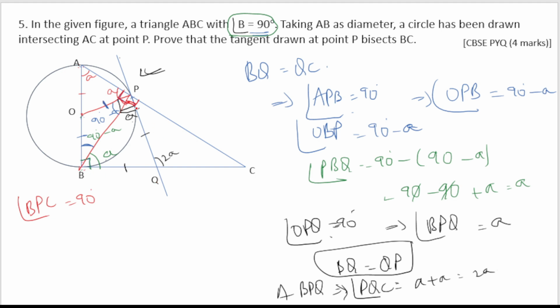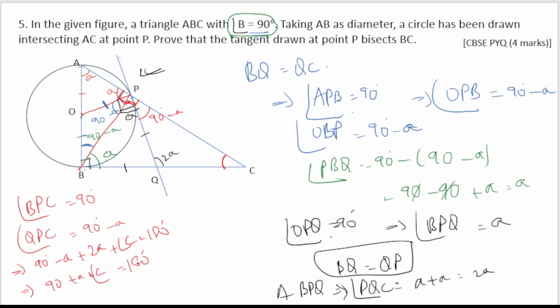And if BPQ is A, then angle QPC will be 90 degrees minus A. So what is this angle? We will apply the angle sum property here. It is 90 degrees minus A plus 2A plus angle C is equal to 180 degrees. 90 plus A plus C is equal to 180 degrees.